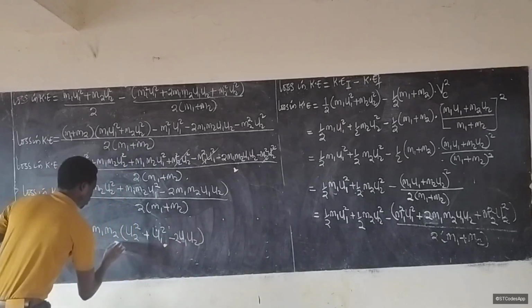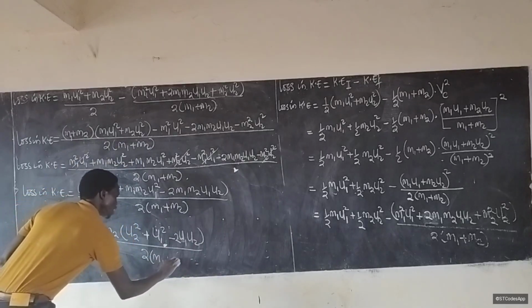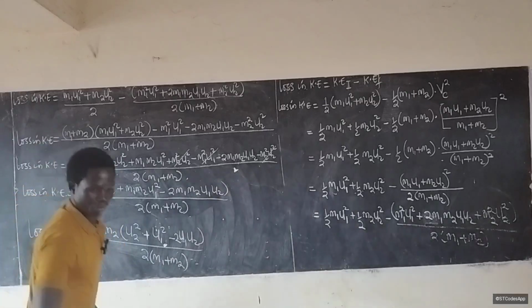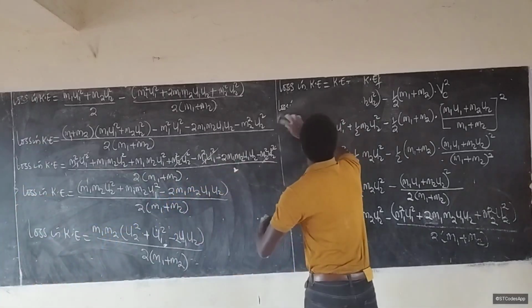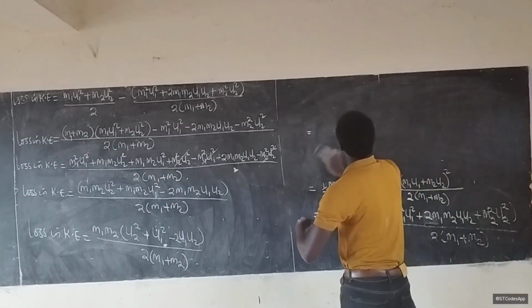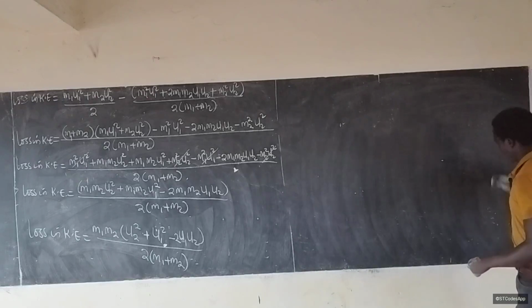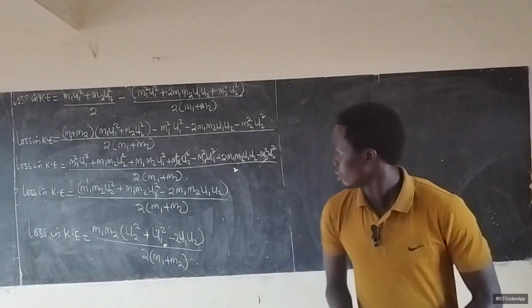So I'll close this bracket, out of 2 open a bracket M1 plus M2. So we can move ahead and have this wrapped, so we can complete it in a simpler and well organized way.